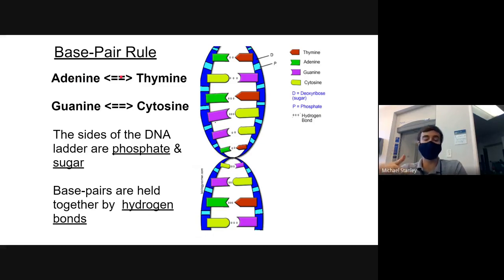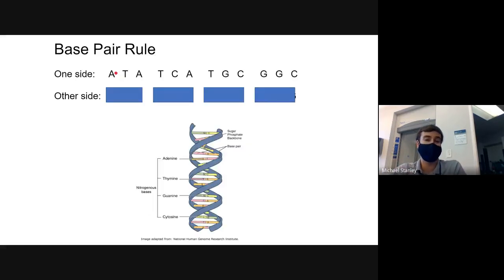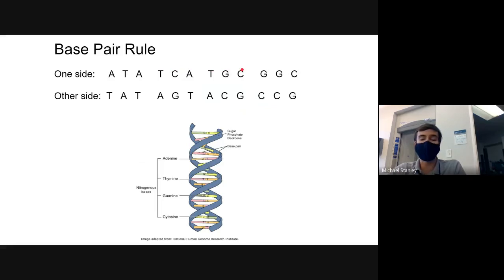No matter what one side is, you always have to have your A's and your T's match across from each other. And you always have to have your G's and your C's match across from each other. So in DNA, there's no exceptions. There's no exclusions. This will always be how the DNA lines up.